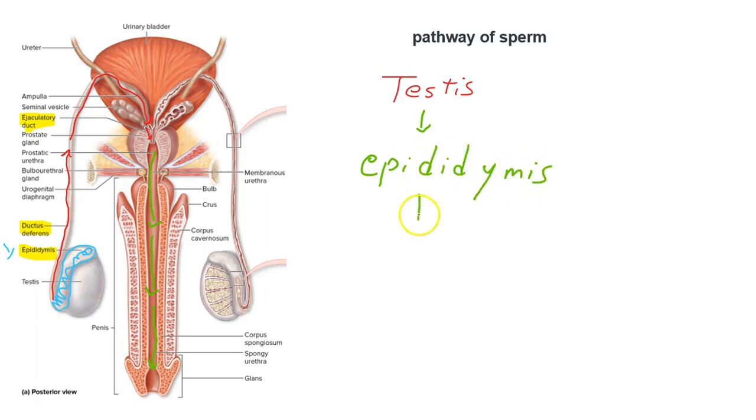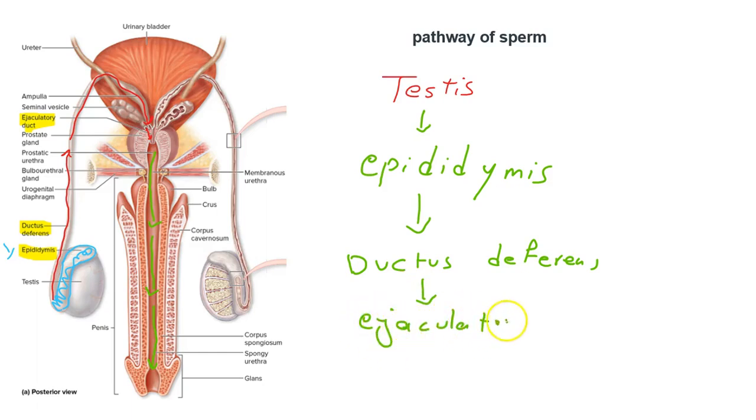Then after the epididymis, it goes to the ductus deferens or vas deferens. After the ductus deferens, it goes to the ejaculatory duct. And then the last one is the urethra.